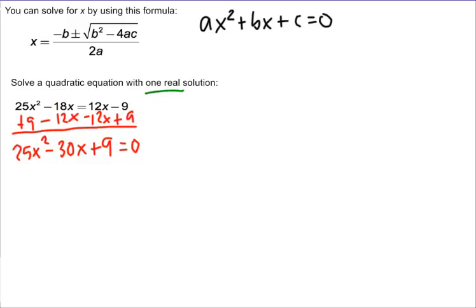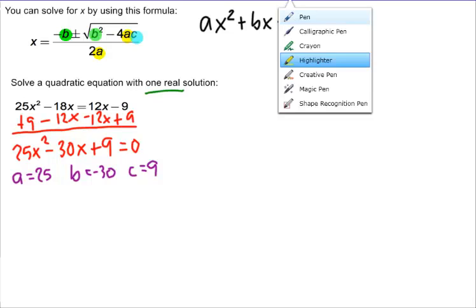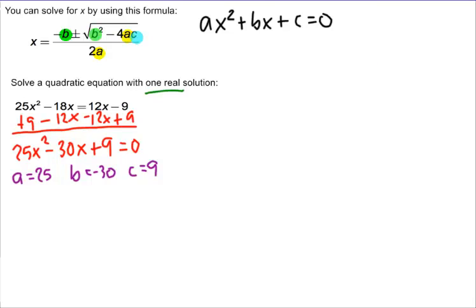And from here, we figure out what A is, what B is, and what C is. And once we have these things, we just drop them right into our formula. And again, we've got A, we've got B, and we've got C. So we just put our numbers into the corresponding spot.